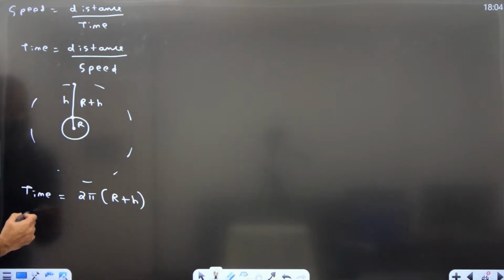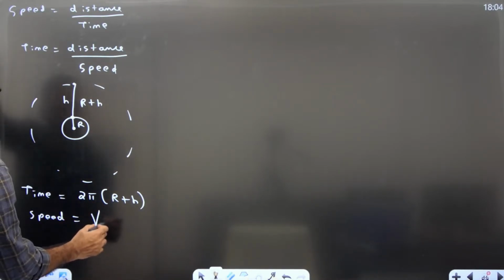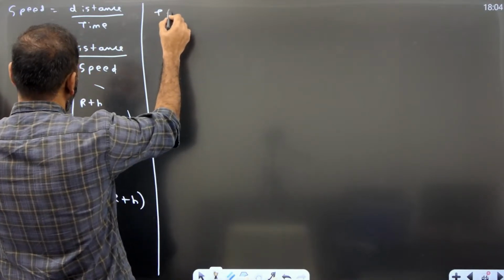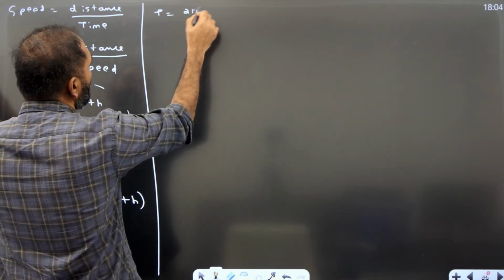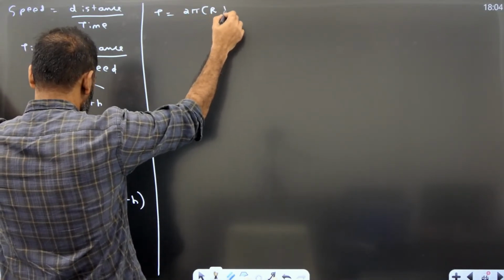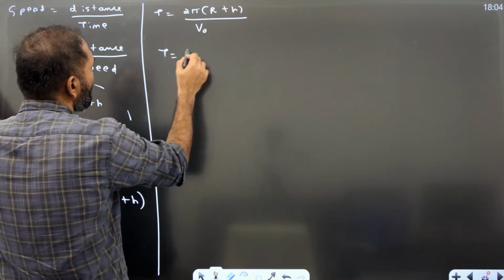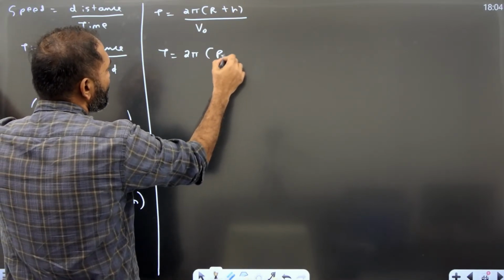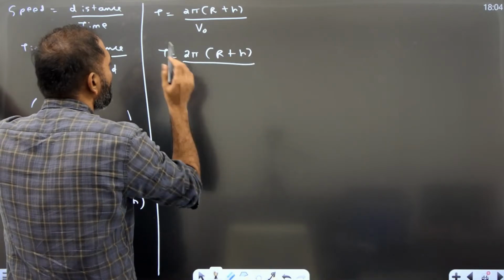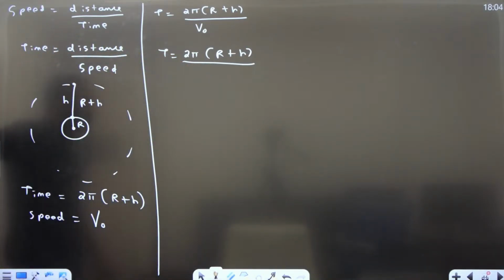What is speed? The speed with which the satellite moves is the orbital velocity. So what is the equation for time? Time is equal to 2 pi into r plus h divided by speed VO. So time period is equal to 2 pi into r plus h divided by the orbital velocity.